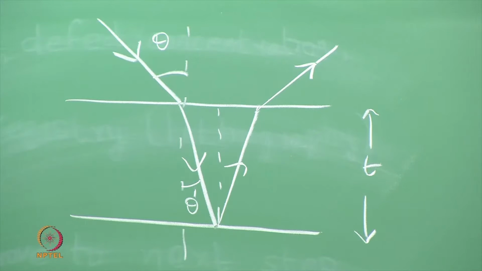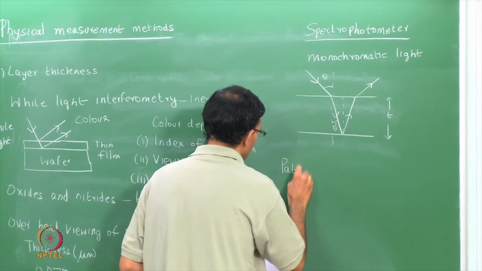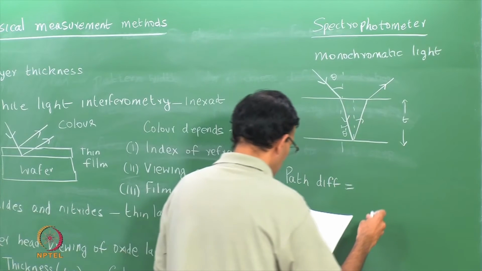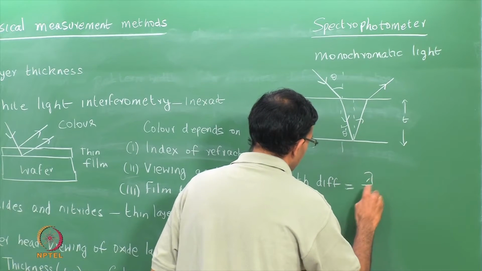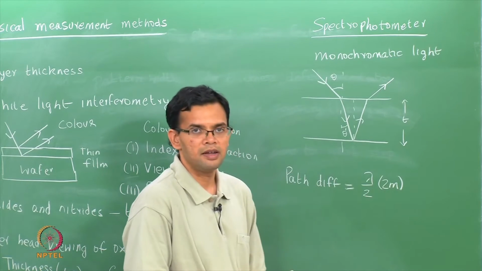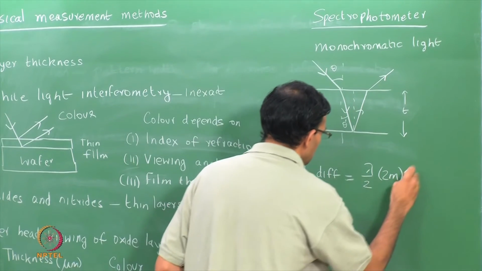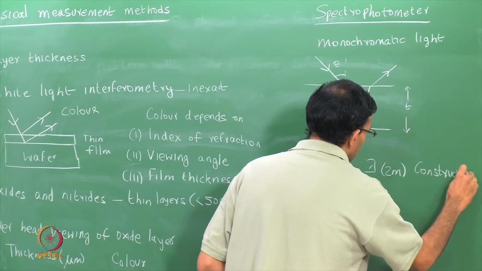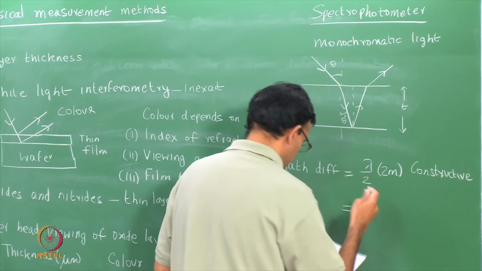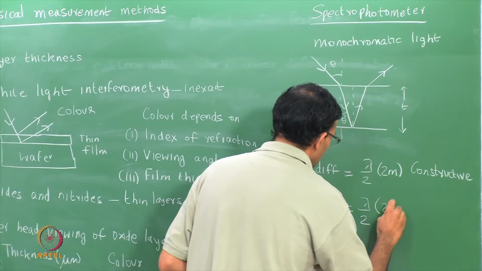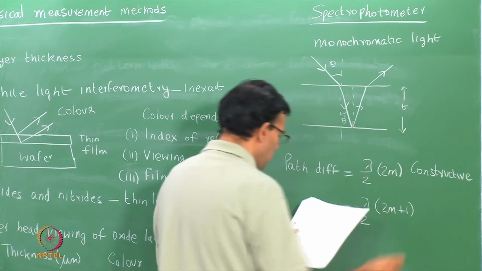So, if T is the thickness of the film, your path difference for constructive interference is an integral multiple of the wavelength. So, this is for constructive. And for destructive interference, it is an odd multiple.